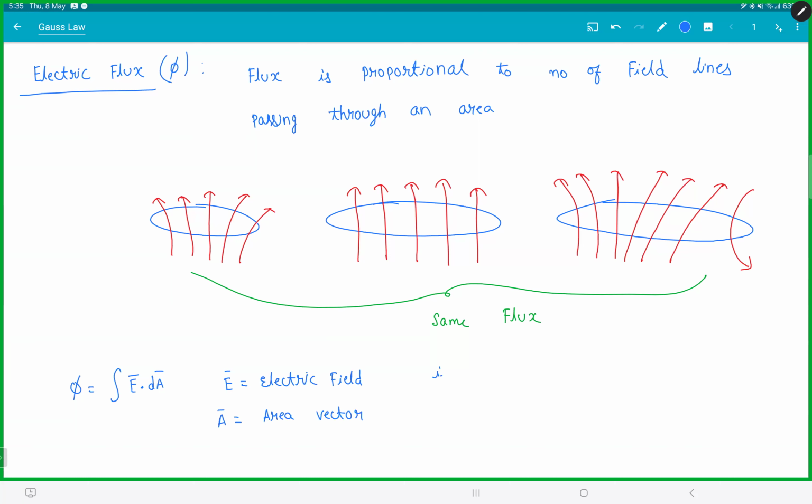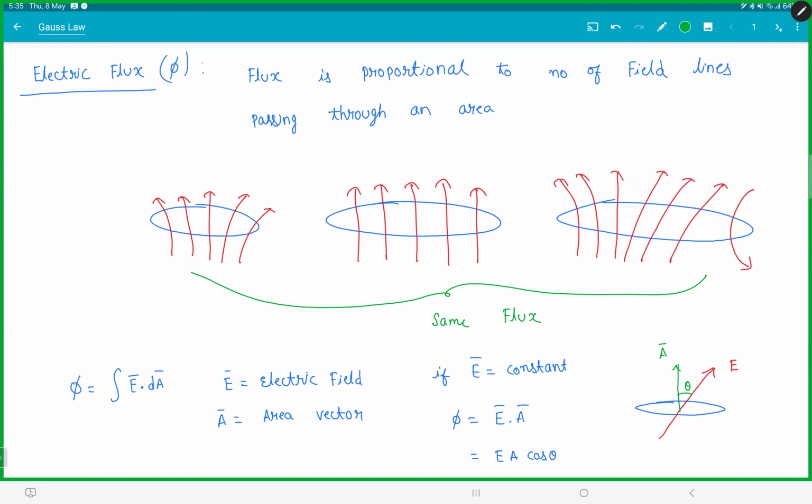If E bar is constant, it comes out of the integral, and your flux becomes E bar dot A bar, which is EA cos theta. That means if you have a loop like this and a field like this, this is your area vector. The area vector is perpendicular to the plane. Hope you remember from vectors, A cross B gives you an area vector which is perpendicular to the plane.